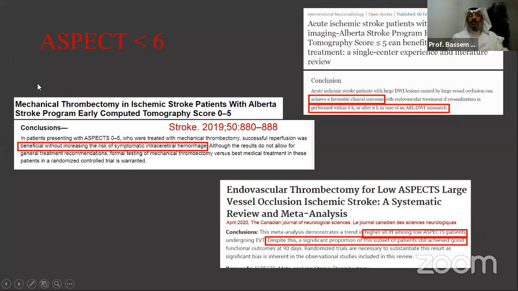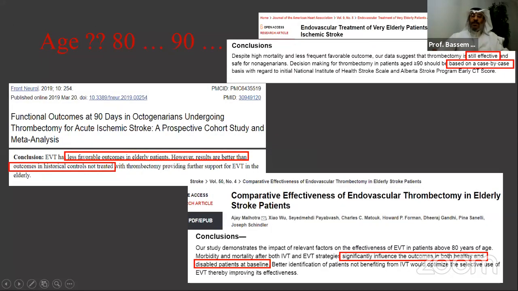Now, to add to the debatable points is the age. Some literature will tell you that the nonagenarians, those who have not passed 90 years, should go for mechanical thrombectomy, because although the outcome is less favorable than the younger age group, and this is of course expected, those patients will have a better outcome than if they were not treated by mechanical thrombectomy and just received the regular classical medical therapy.